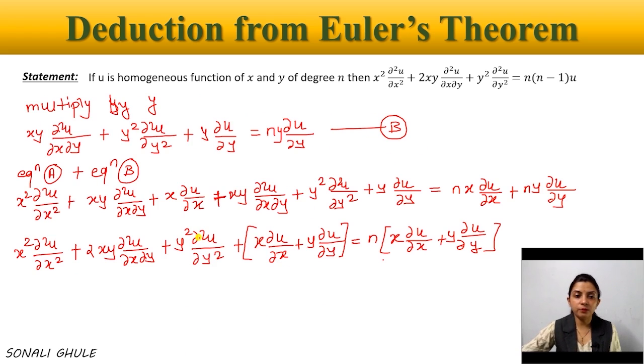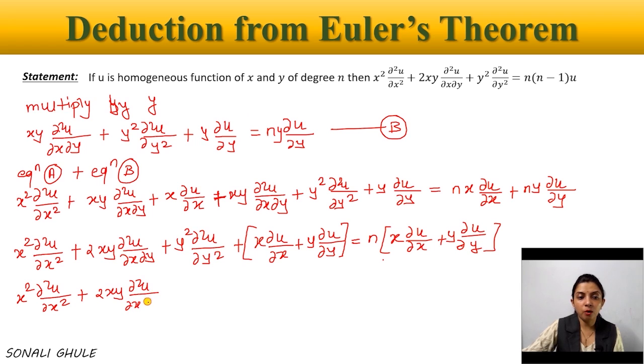So putting this value from equation 1, I can write x² ∂²u/∂x² plus 2xy ∂²u/∂x∂y plus y² ∂²u/∂y² plus, replace this one by nu, then n into nu. Now transfer this term to the right hand side.